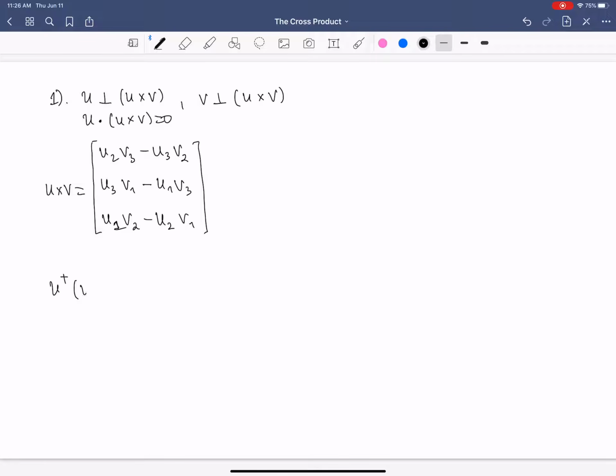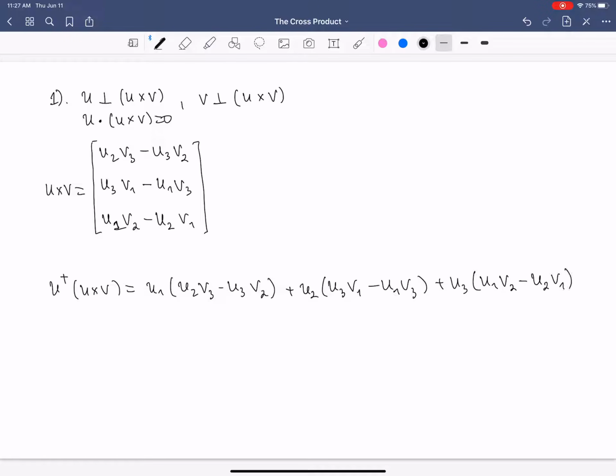U transpose times u cross v equals, so remember that's u1 times u2 v3 minus u3 v2. So u1 times the first component of u cross v plus u2 times the second component, which is u3 v1 minus u1 v3 plus u3 times u1 v2 minus u2 v1.